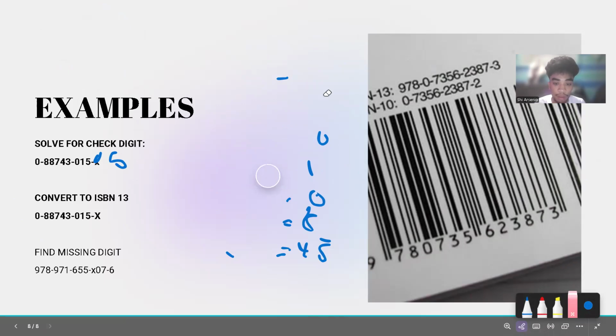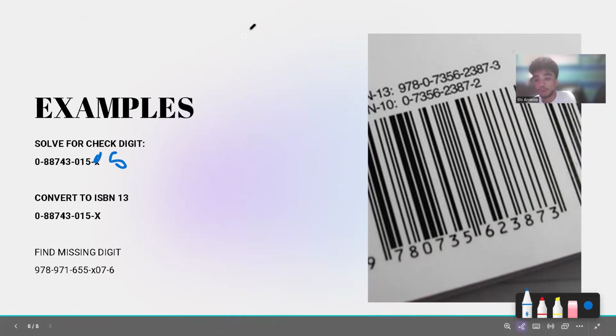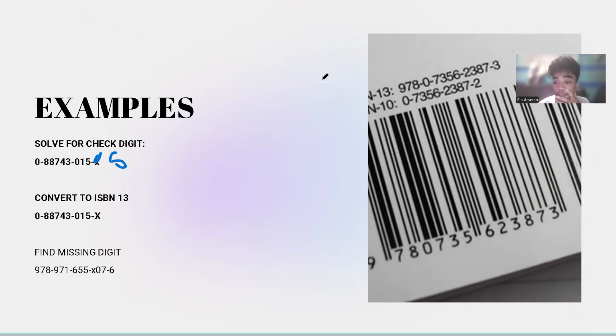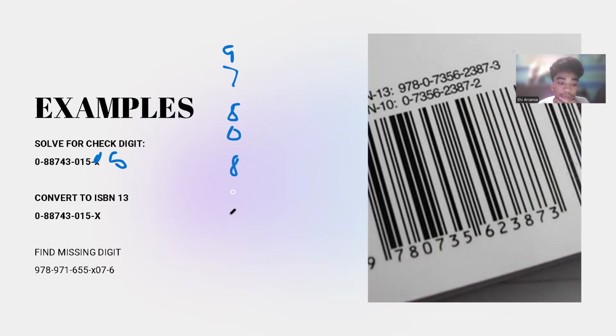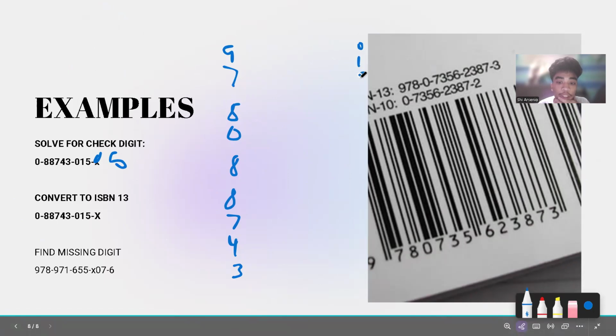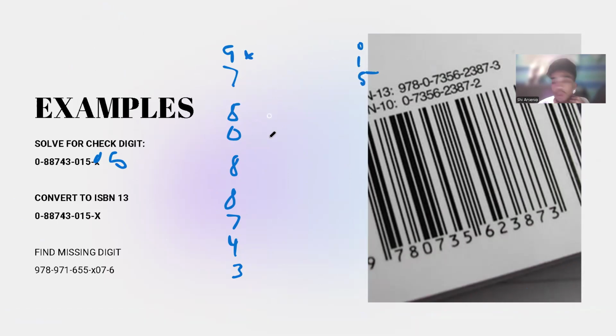For the next example, we will convert an ISBN 10 to ISBN 13. For the conversion, we will add the prefix 978, then copy the first nine digits, 088743015. According to the instructions earlier, we will multiply alternately by 1 and 3.